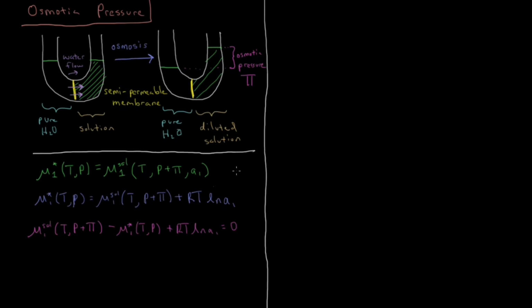So I just move this over. So we're going to try to figure out what this quantity here is, what this difference in water's chemical potential at two different pressures is.